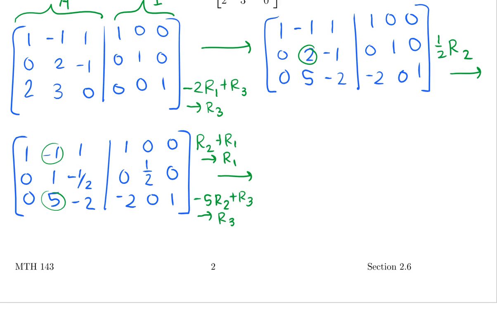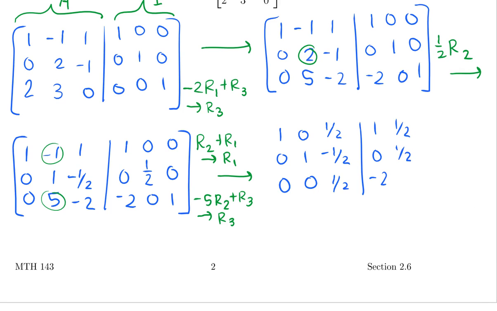We should get 1, 0, 0, 0, 1, 0. And then the third column, we should have 1/2, negative 1/2, positive 1/2. And then on the right-hand side, we have 1, 0, negative 2, 1/2, 1/2, negative 5/2, 0, 0, 1.